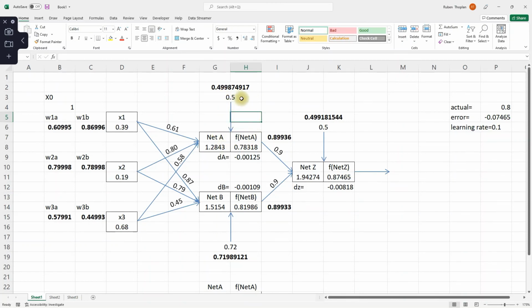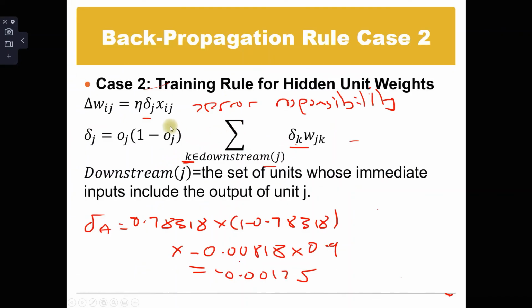If we want to update weights that are connected to node A, let's take this one, for example, the 0.5. We need to take the current weight, as you would have recalled, the new weight is equal to the current weight plus the change in the weight that is defined by this here.